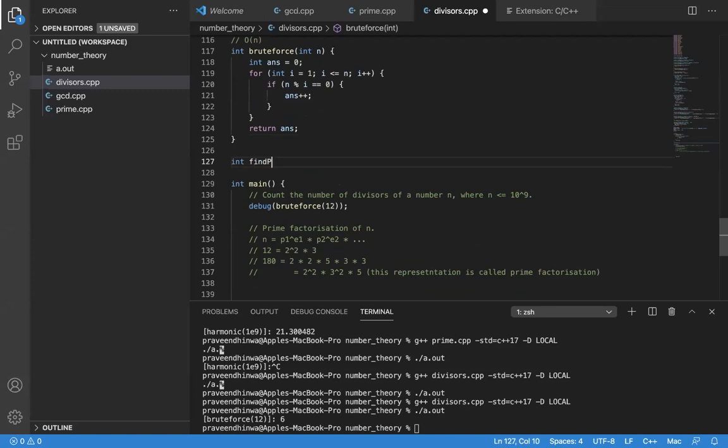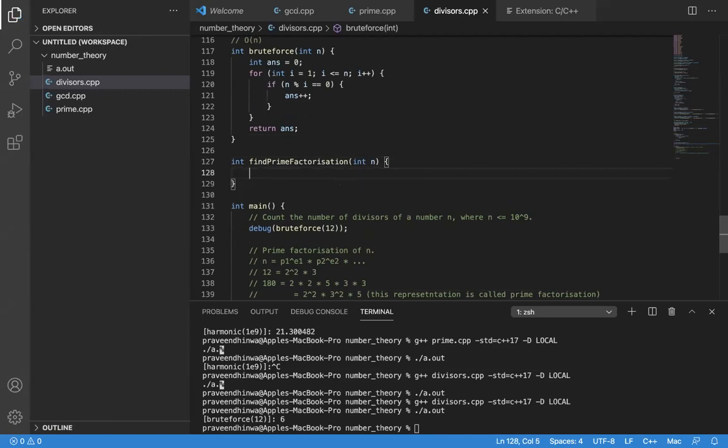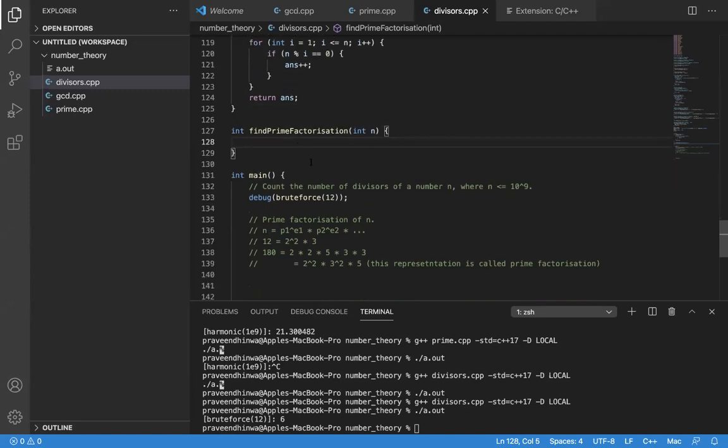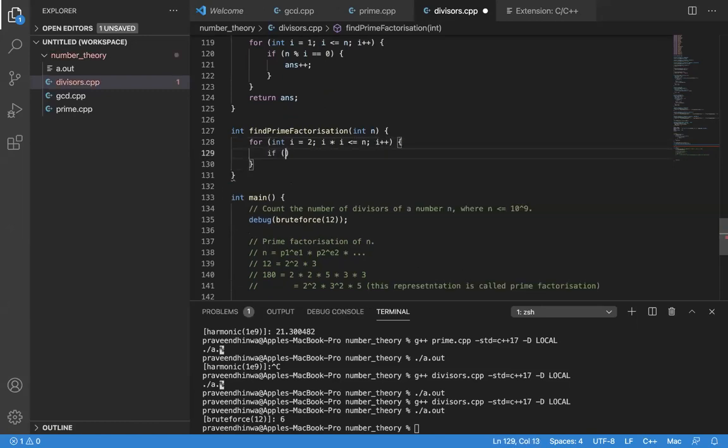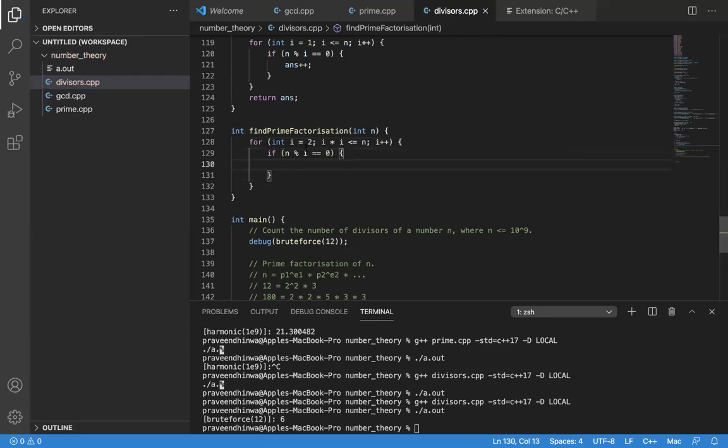Can you tell me? Can I do it in square root of n time? Yes. So how can I do it? I go over all the numbers that are its divisors, and I keep dividing by that number. So for int i equal to 2, i into i less than or equal to n, i plus plus, if n % i is equal to 0, then, instead of i, let me call it p.